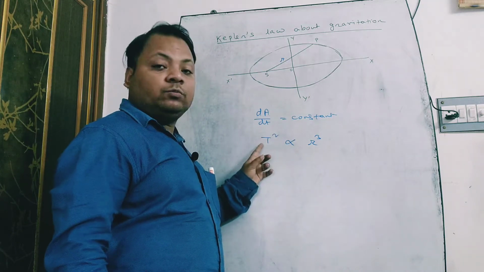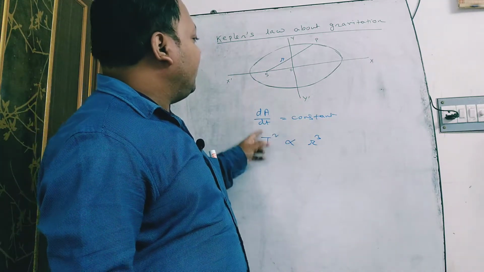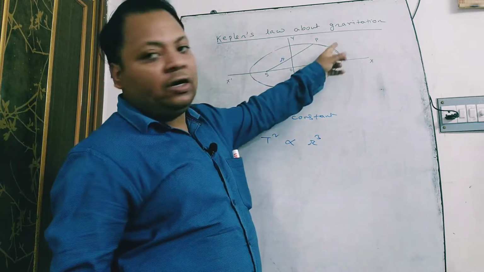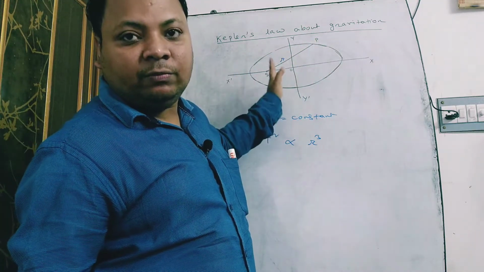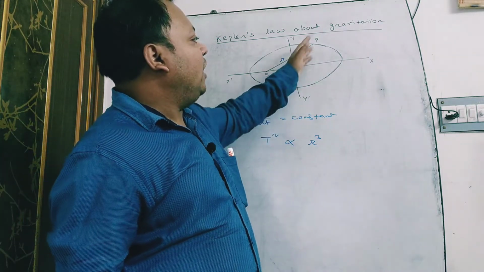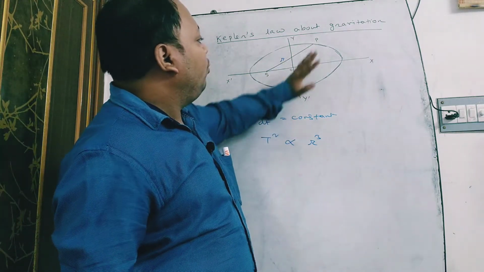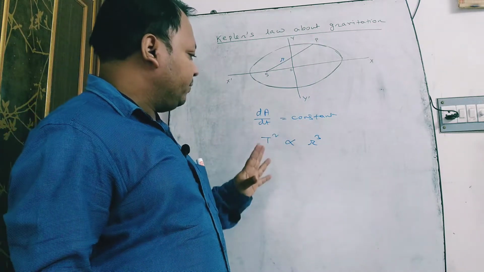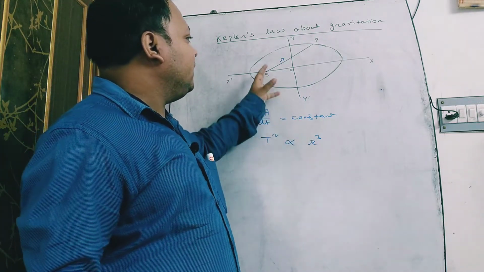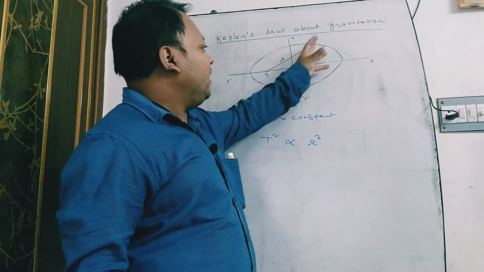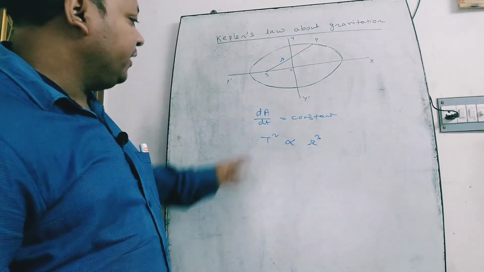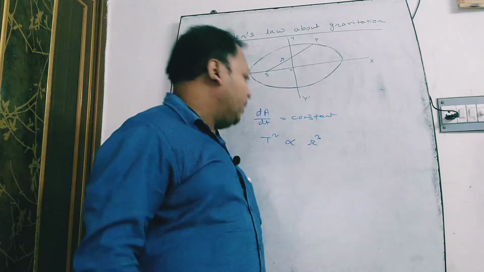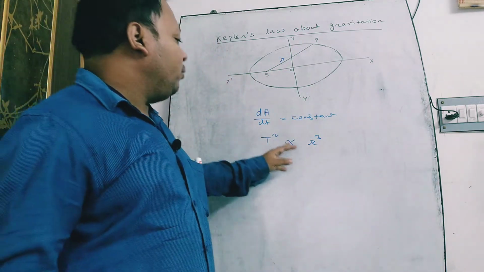That is, here T is the time period of the planet to move around the sun, that is the time to complete the full revolution, and small r is the average distance between the sun and the planet. Here T² is proportional to r³.